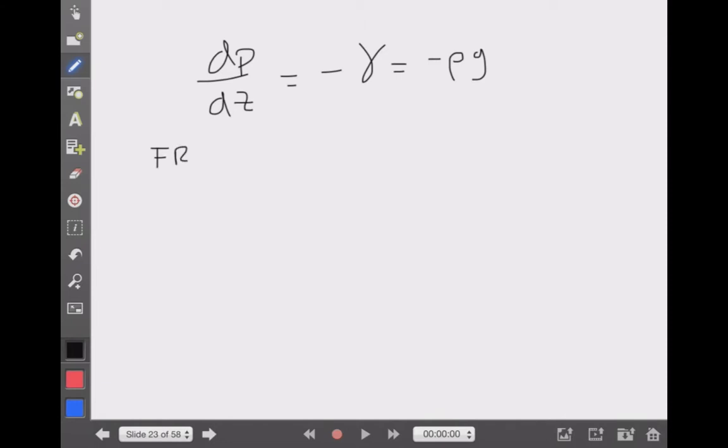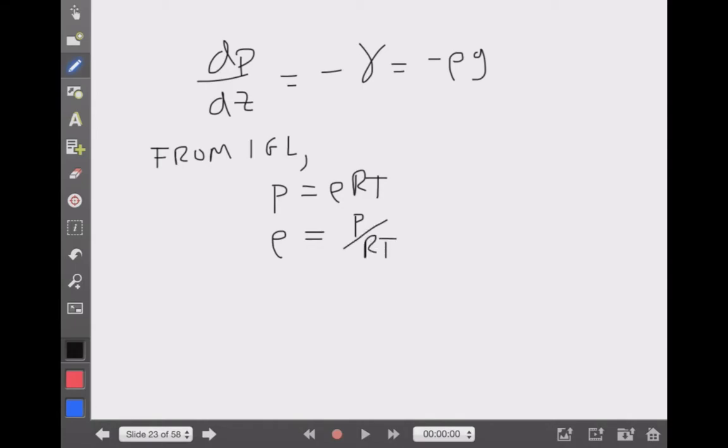From the ideal gas law, the density form is rho equals P over RT.